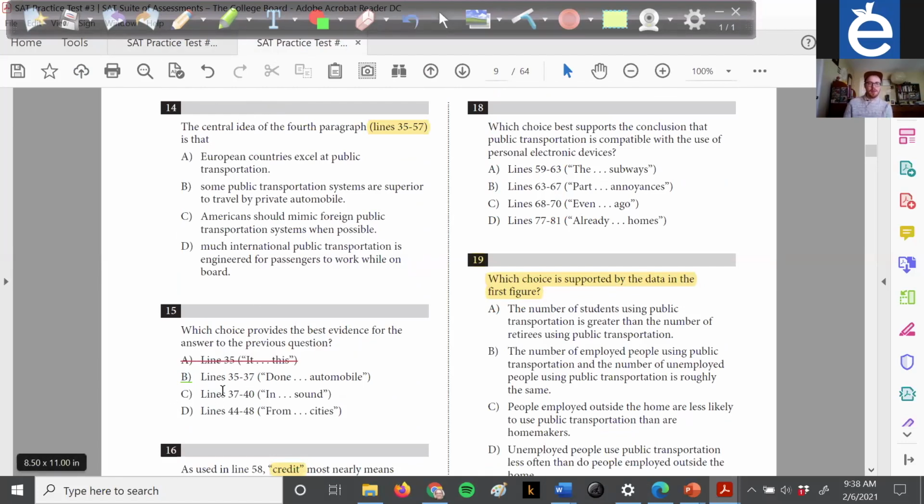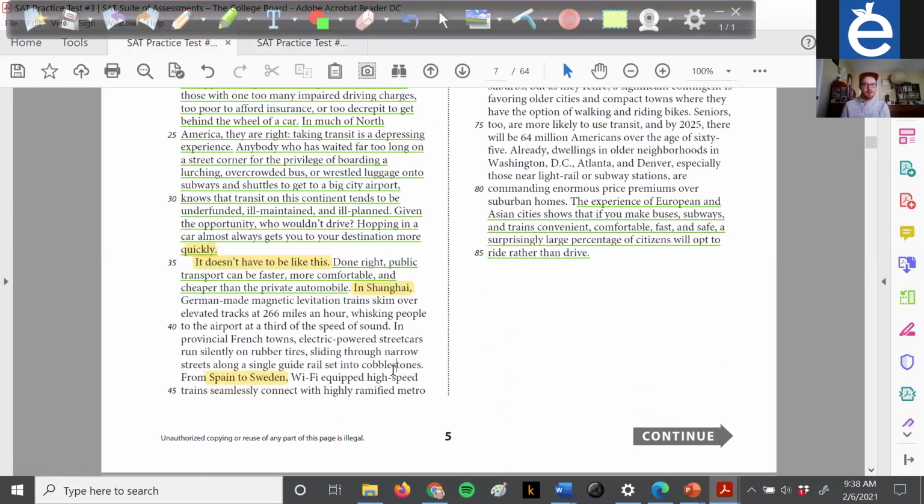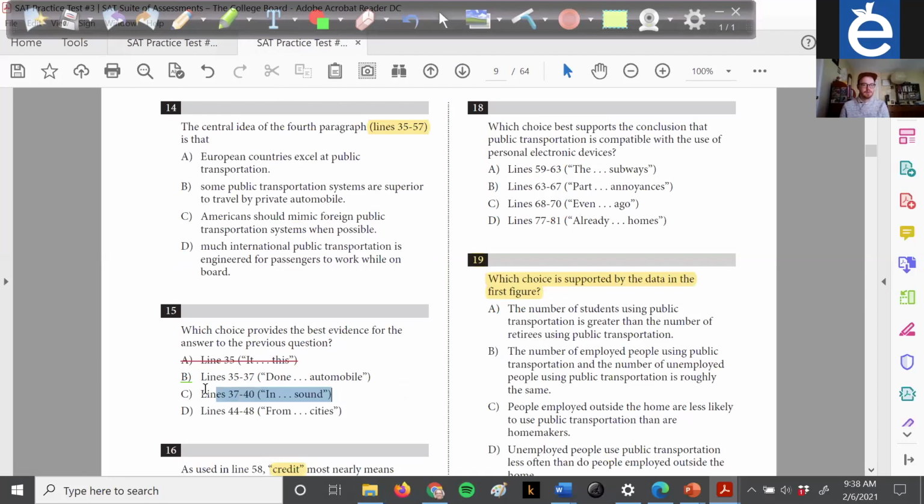Let's look at these other ones, though. 37 to 40, starting with "in," ending with "sound." "In Shanghai, German-made magnetic levitation trains skim over elevated tracks at 266 miles an hour, whisking people to the airport at a third of the speed of sound." Interesting. I don't think that sentence alone gives us the main idea of the paragraph. Lines 44 to 48, starting with "from" and ending with "cities."